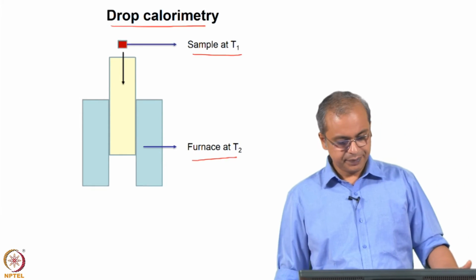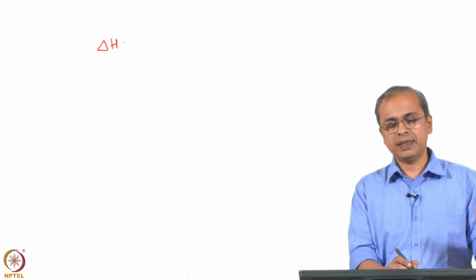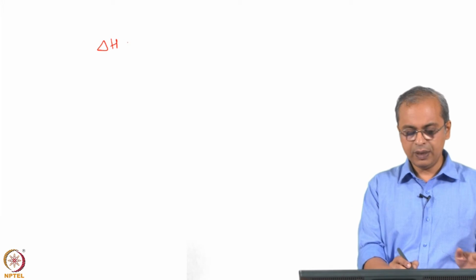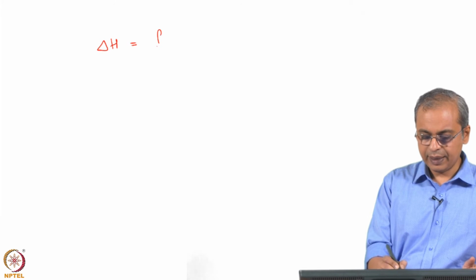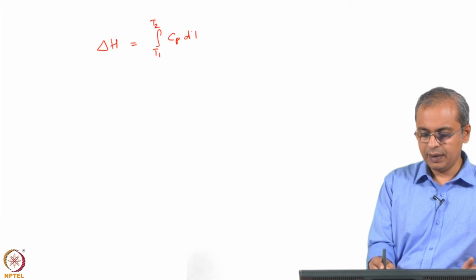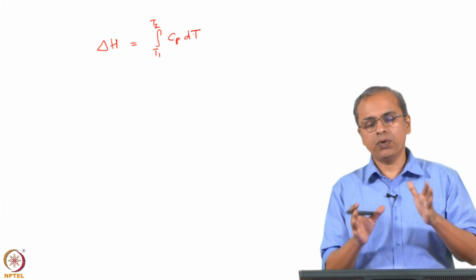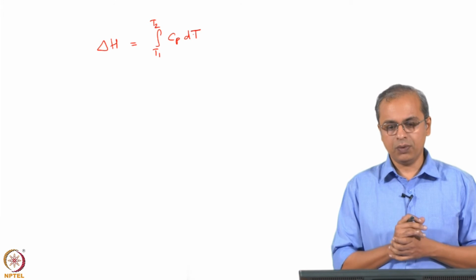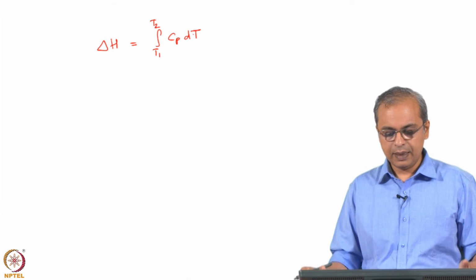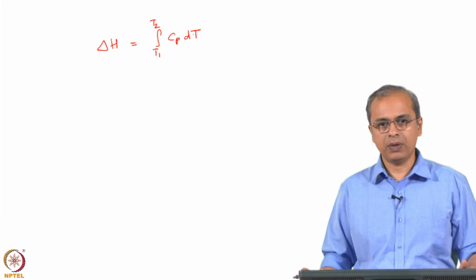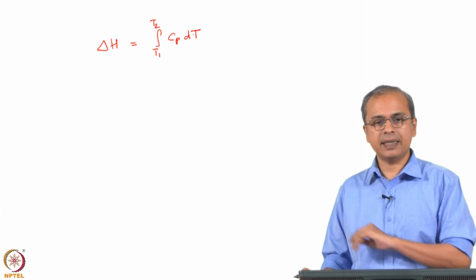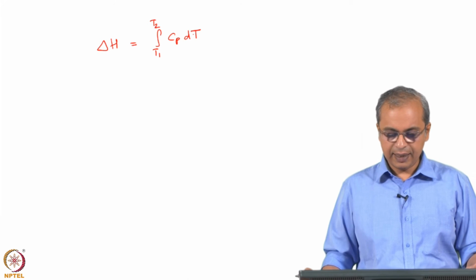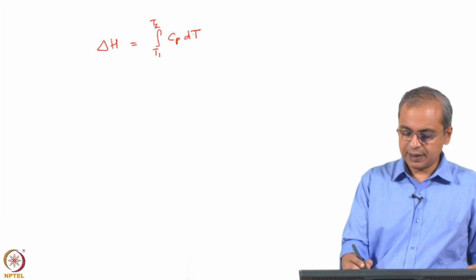So, if you look at the delta H, assuming that there is no phase transformation when it goes from T1 to T2, then delta H is simply equal to the integral from T1 to T2 of Cp dT. Here we will also assume that we are working with 1 mole of the system, and so if it is molar specific heat, then we do not have to make any other adjustments to it. So, this is the way we would do it if there is no phase transformation.